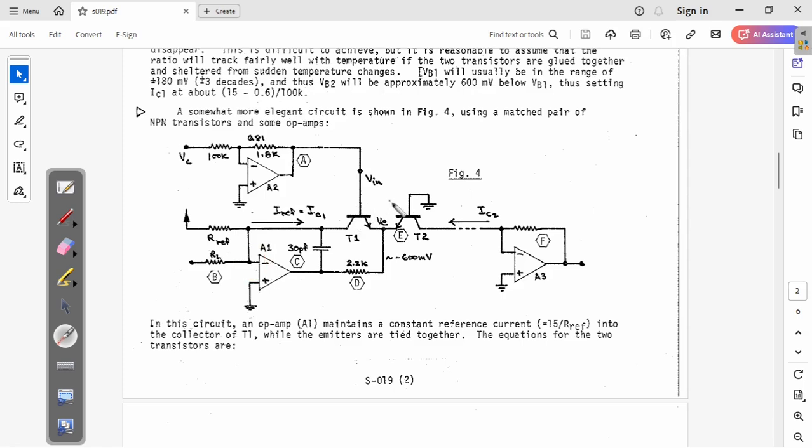Okay, so this circuit that you see here, without this one and without this one, is exactly what you have in the noise toaster. It's exactly the same thing. The only difference is that here it's using a real ground, but in the noise toaster it's using a virtual ground at 4.5 volts.